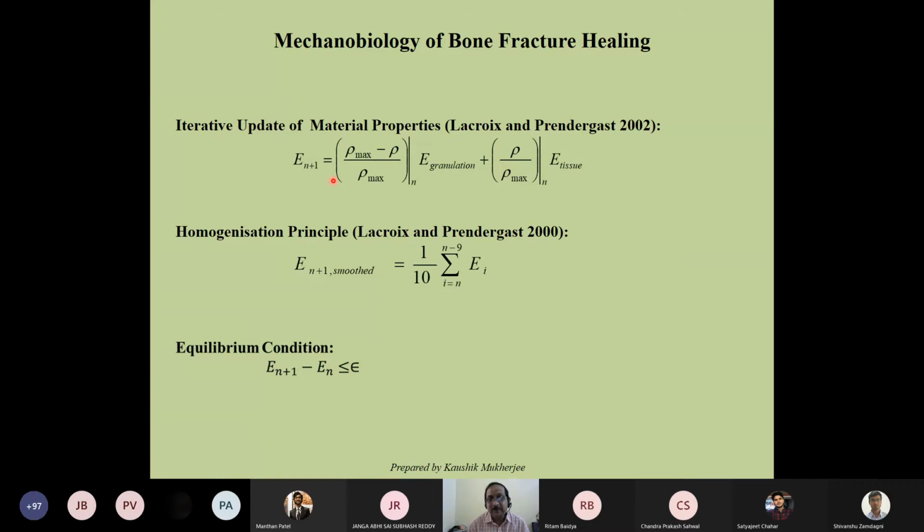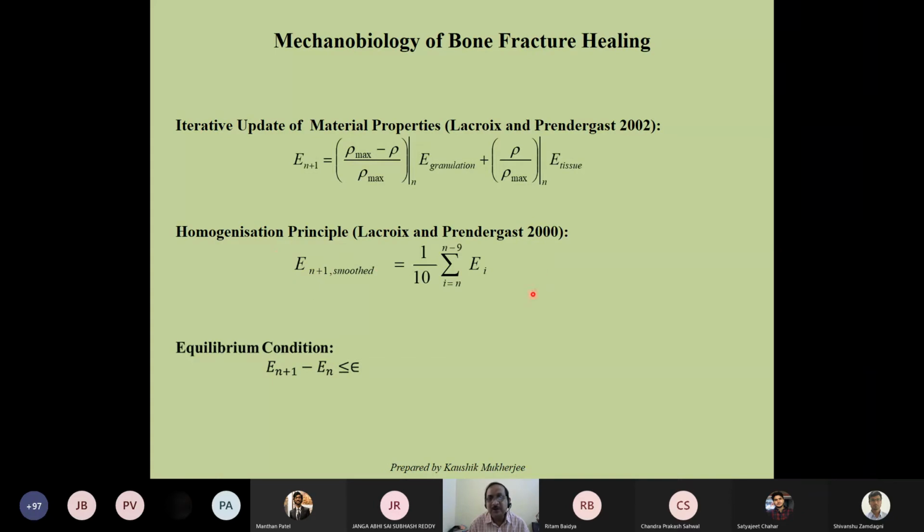Okay. Then the homogenization principle is applied, also based on the paper by Lacroix and Prendergast, 2000, to smoothen the changing E modulus of the adjacent tissues.